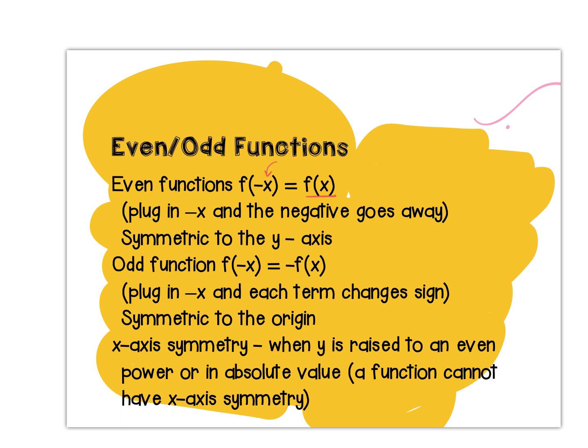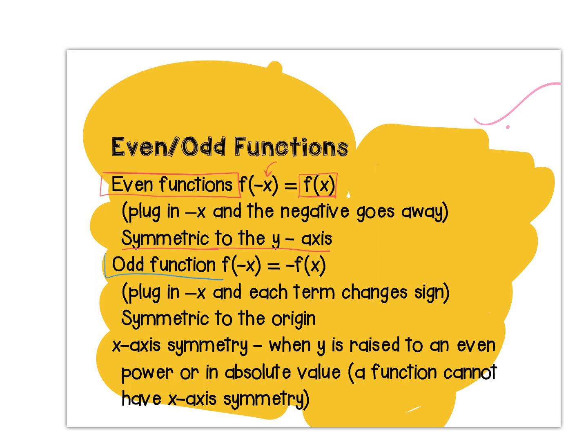So you plug in -x, and when you do the work, you end up with the original f of x, or the negative part just goes away. When you find out that a function is even, what that means is your function is going to be symmetric to the y-axis. We'll talk about that as we go on.